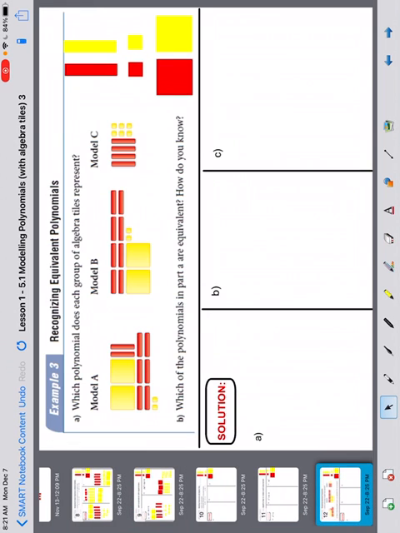Now if I give you a drawing of a polynomial and ask you to name what is modeled there, we're going to start with this. These are x²'s. I have 2, so we would write 2x². These are x's. I have 8, and they're red, so they're negative, −8x, and those are constant terms.